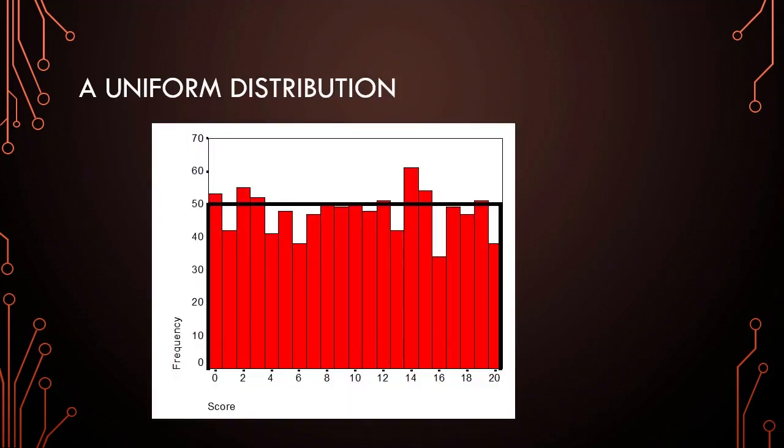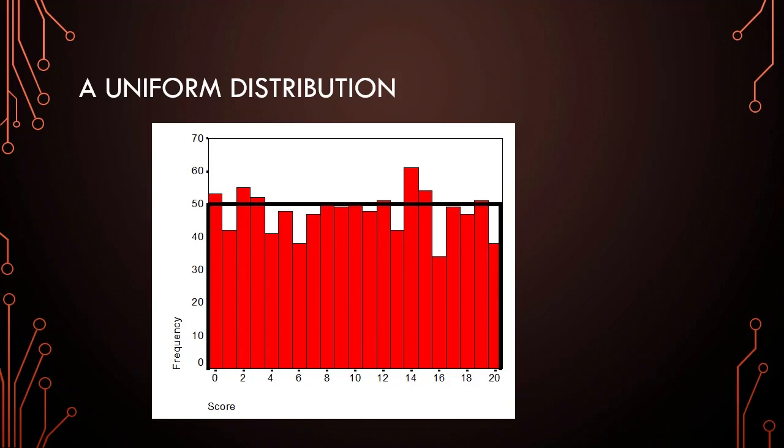Think about what we might be able to change in this picture and still have a rectangular box. We could change the height of the frequency and still have a uniform distribution. We could change the lower and upper bounds and still have a uniform distribution. The point is that there are many uniform distributions possible.